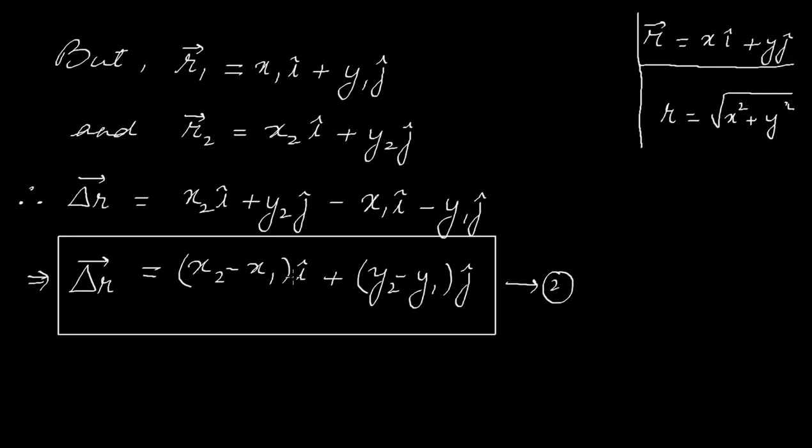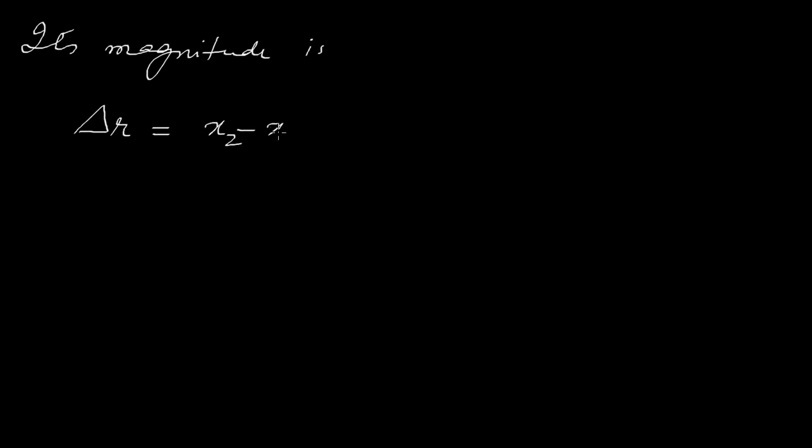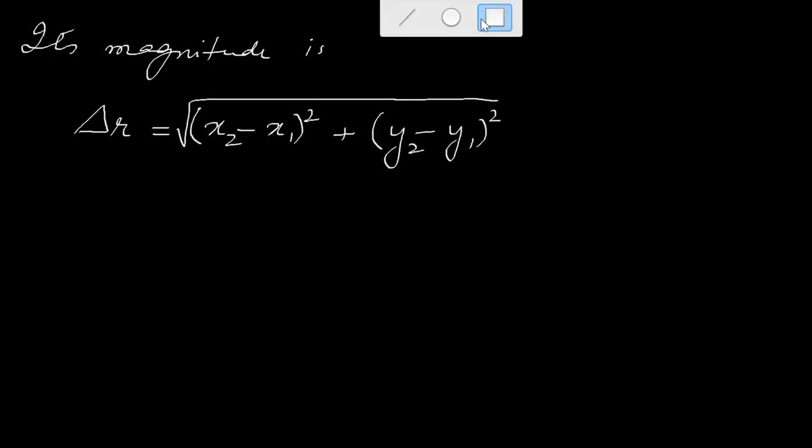So similarly, we can just take this square plus this square under a root. Okay, so its magnitude is delta R. That will be x2 minus x1 whole thing square plus y2 minus y1 whole thing square under a root.